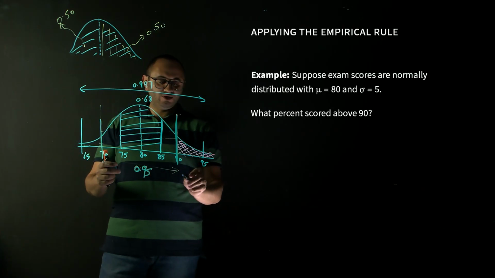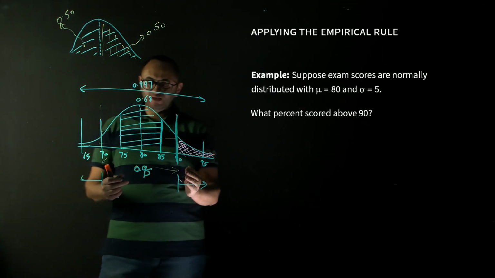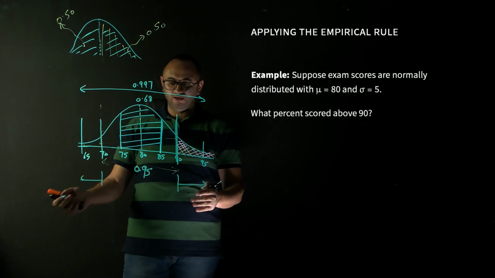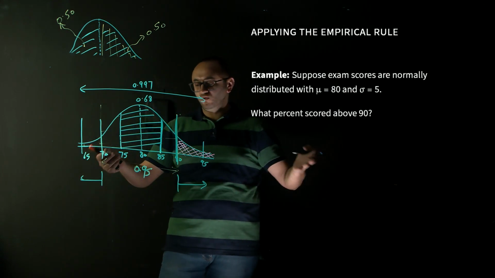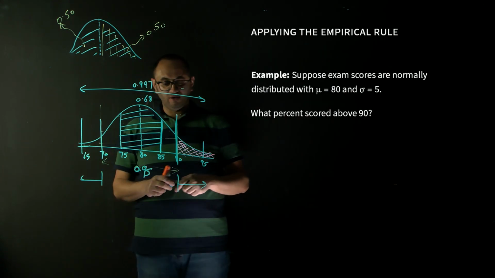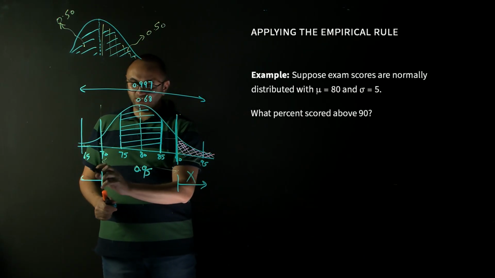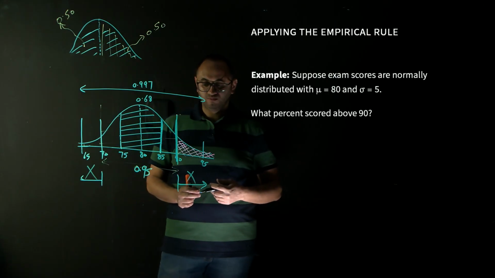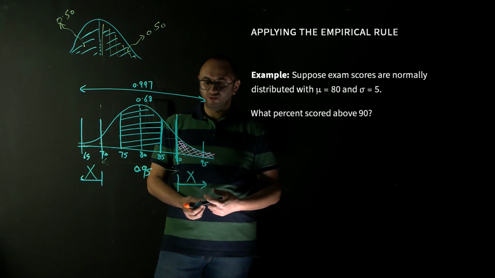So this means the two areas above 90 and below 70, those two areas are 5% because the entire probability or the entire area under the curve is 1. Again, this area plus this area, both of them is about 5%. They have 5% probability.